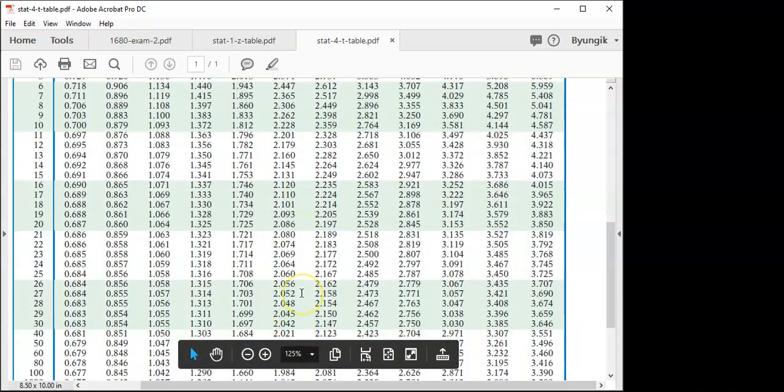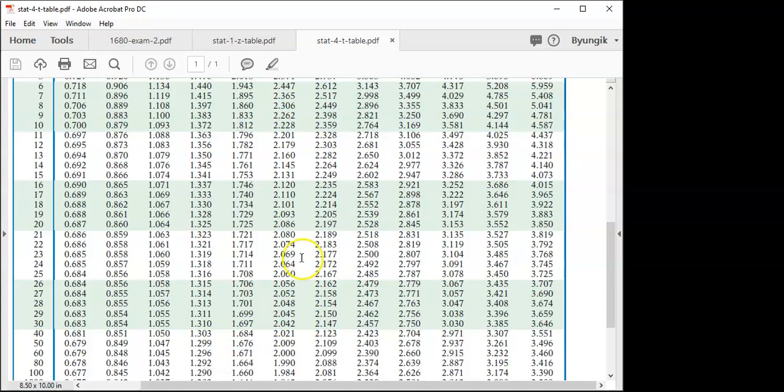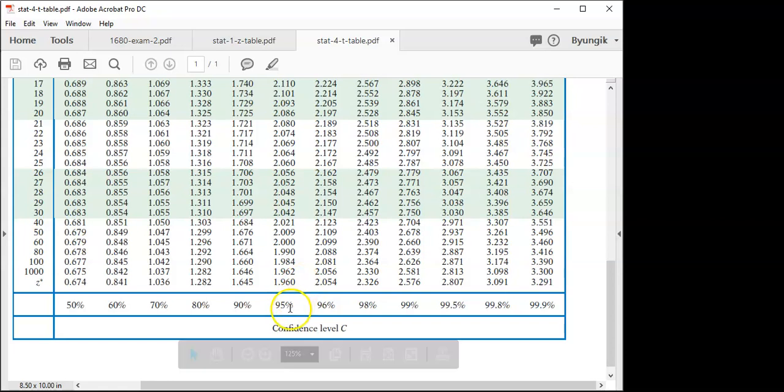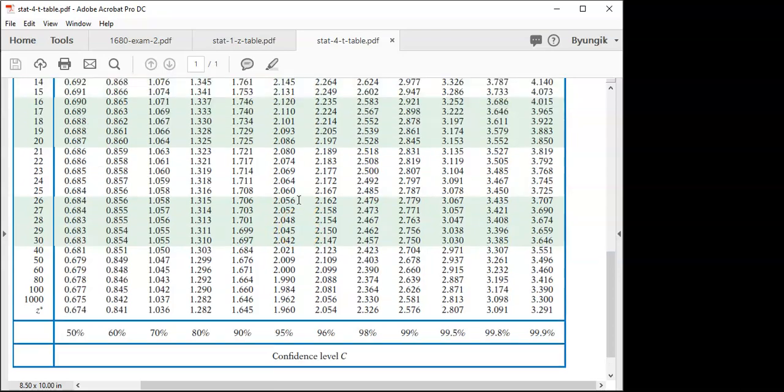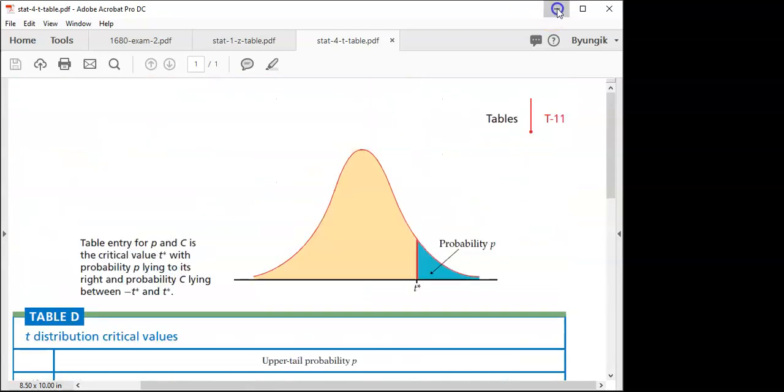So we have 2.045. That's another, more general way to look at it, but the shortcut is right down there, 95%. In any case, the table gave me 2.045.